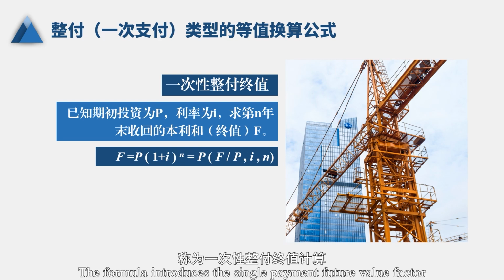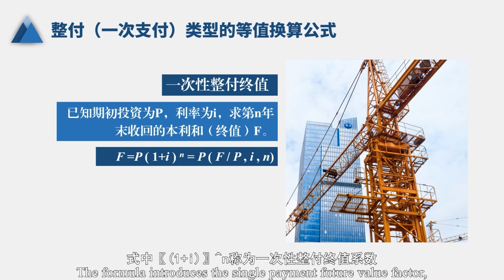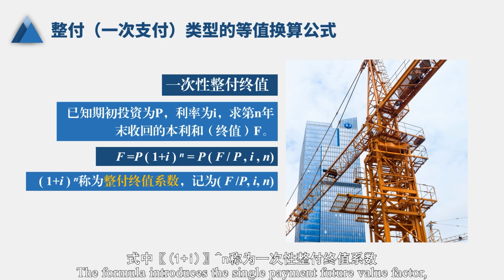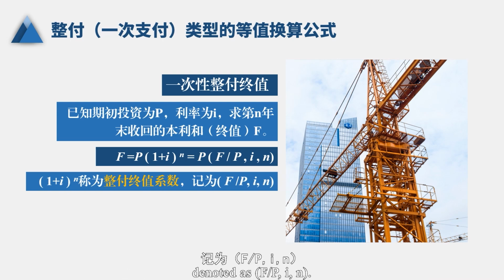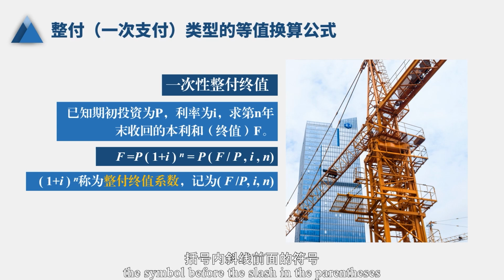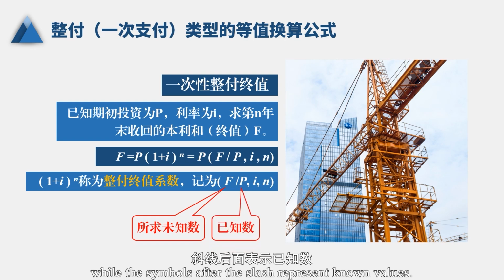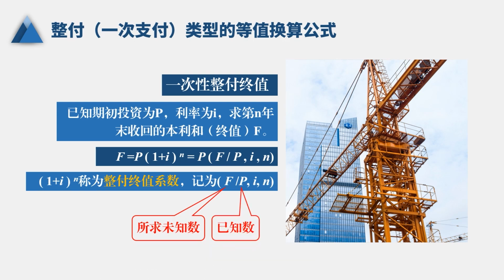The formula introduces the single payment future value factor, denoted as (F/P, I, N). It's important to note that in coefficients like (F/P, I, N), the symbol before the slash in the parentheses represents the unknown value that needs to be found, while the symbols after the slash represent known values.